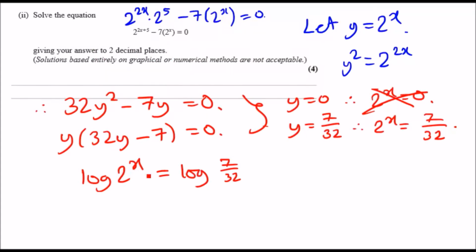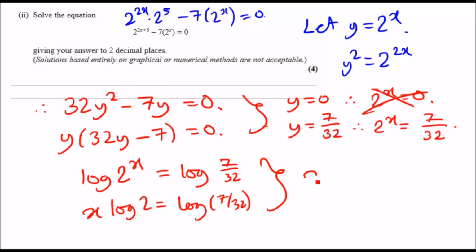Thanks to the log rules, we can bring the power in front. So it's x times log 2 equals log of 7 over 32. Now we just divide by log 2 across. So the final answer is x equals log of (7 over 32) over log 2.